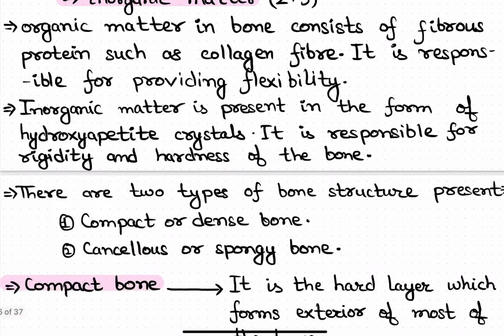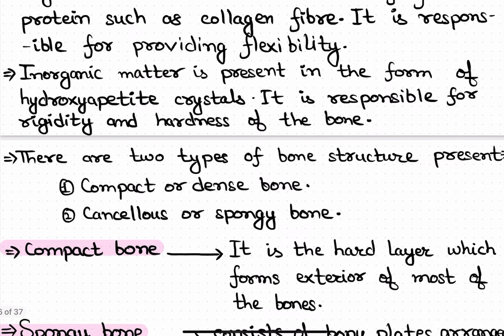Now moving forward to inorganic matter which is present in the bone. The inorganic matter present in the bone is in the form of hydroxyapatite crystals. You have to remember that the inorganic matter in a bone is hydroxyapatite crystals. Now what does this hydroxyapatite crystal give to bone? It gives it rigidity and hardness.